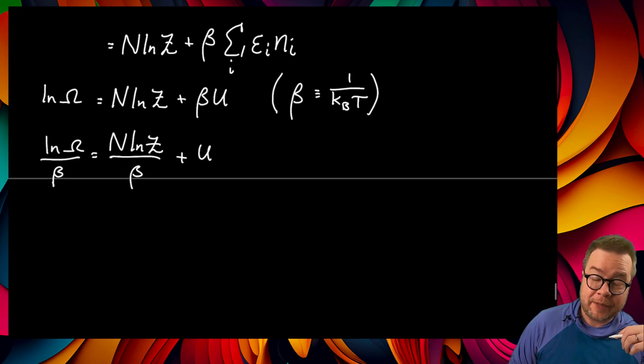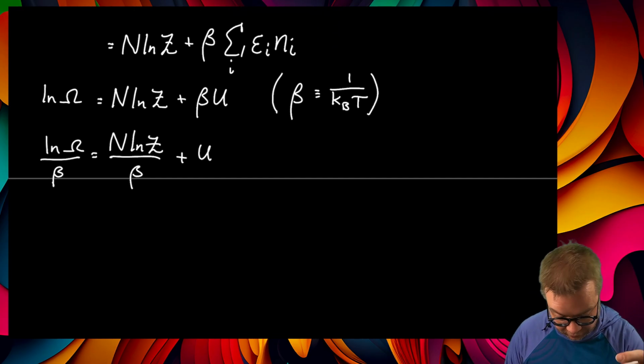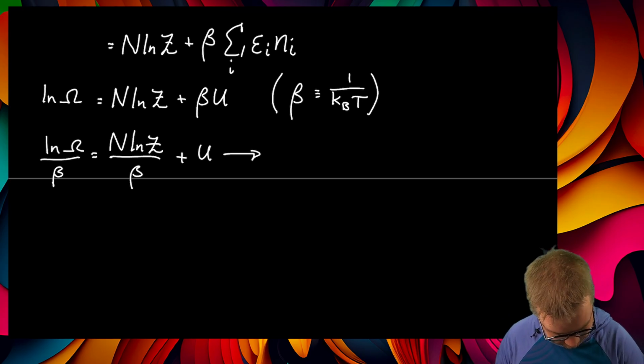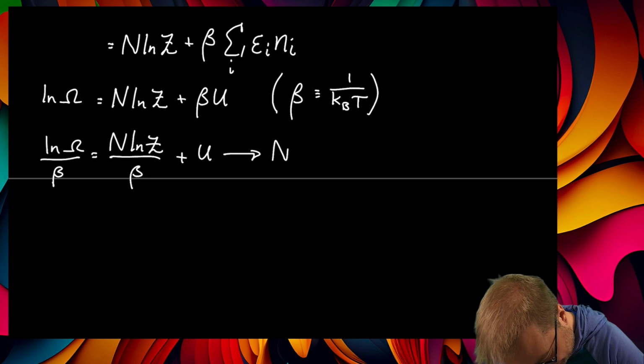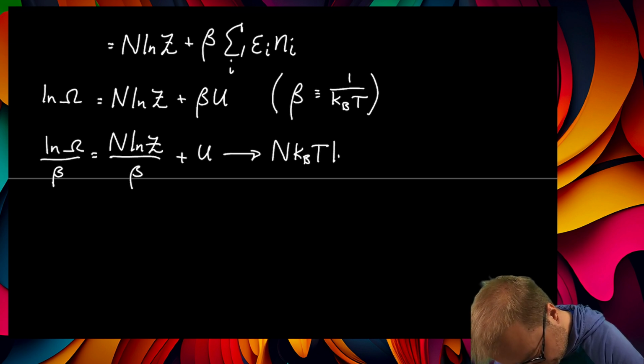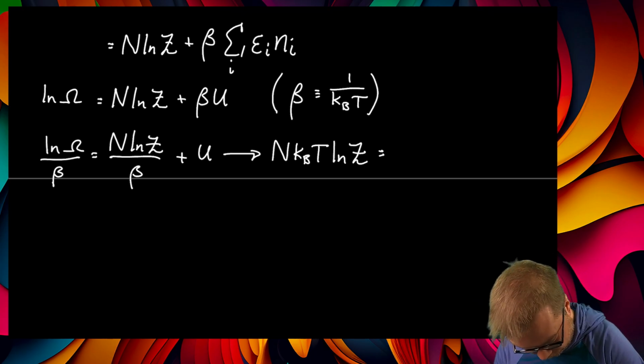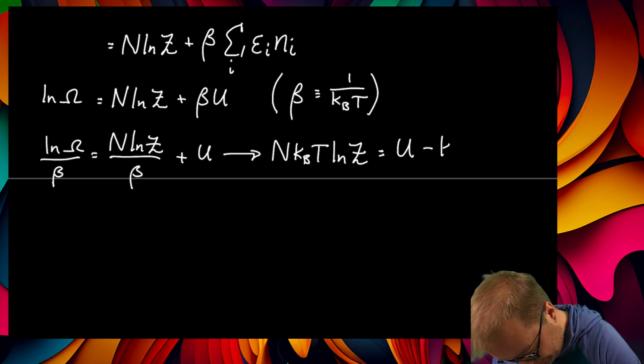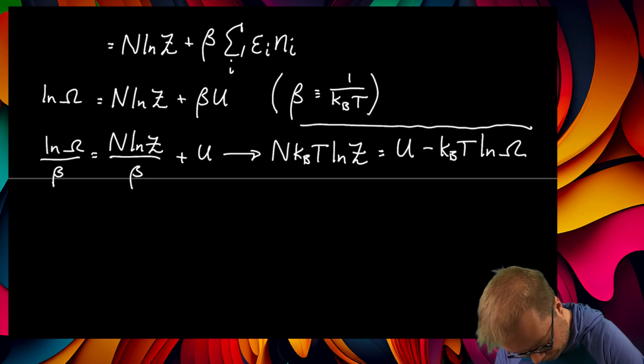And for reasons that may not be clear right now, I'm going to rearrange this in a very particular way. And so I'm going to rewrite this as n kBT log of z is equal to u minus kBT log omega. Oh my God, we're getting somewhere.